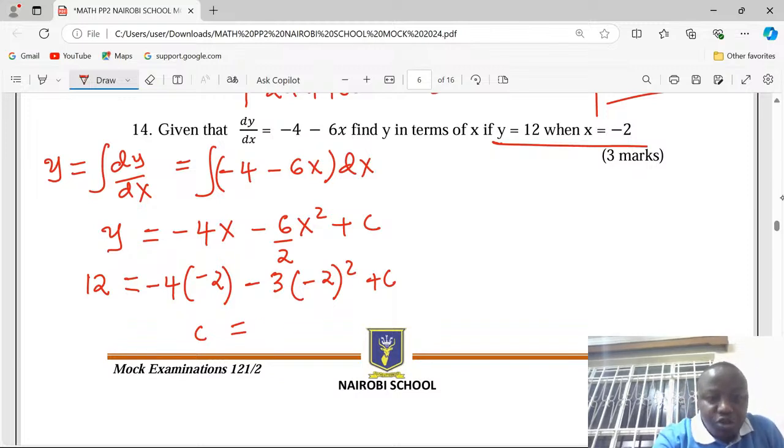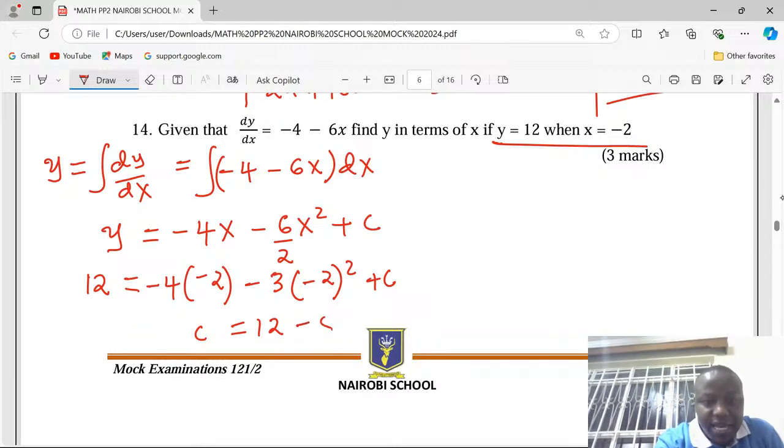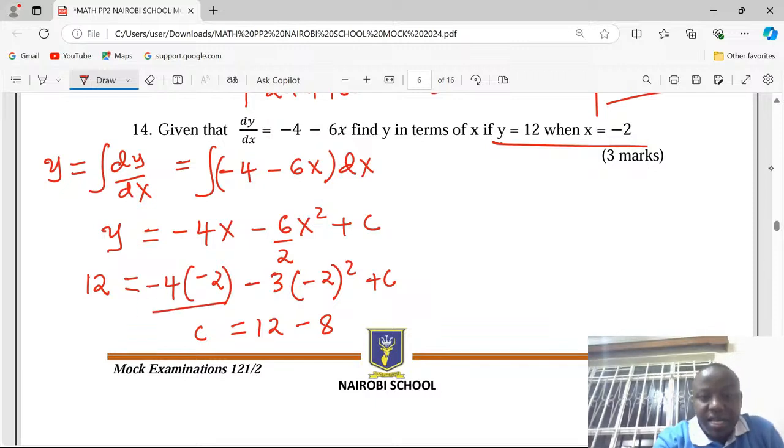We have to subtract 8, because this becomes positive 8. Then now we add 12. I must compute that now. Negative 3 by 4 becomes negative 12, so negative 12 must be added. Yeah, we must add it. So it will be 24 minus 8, giving us 16.